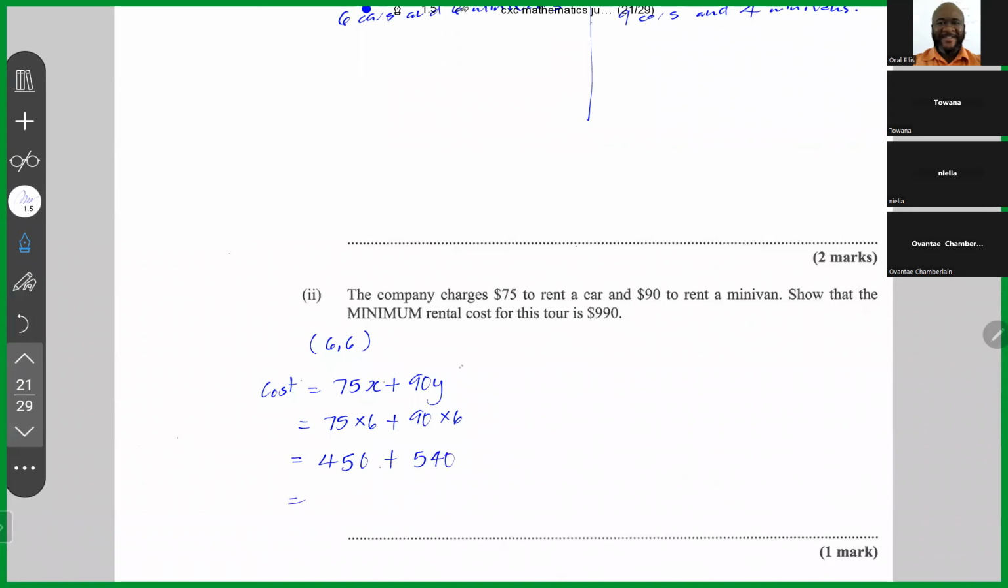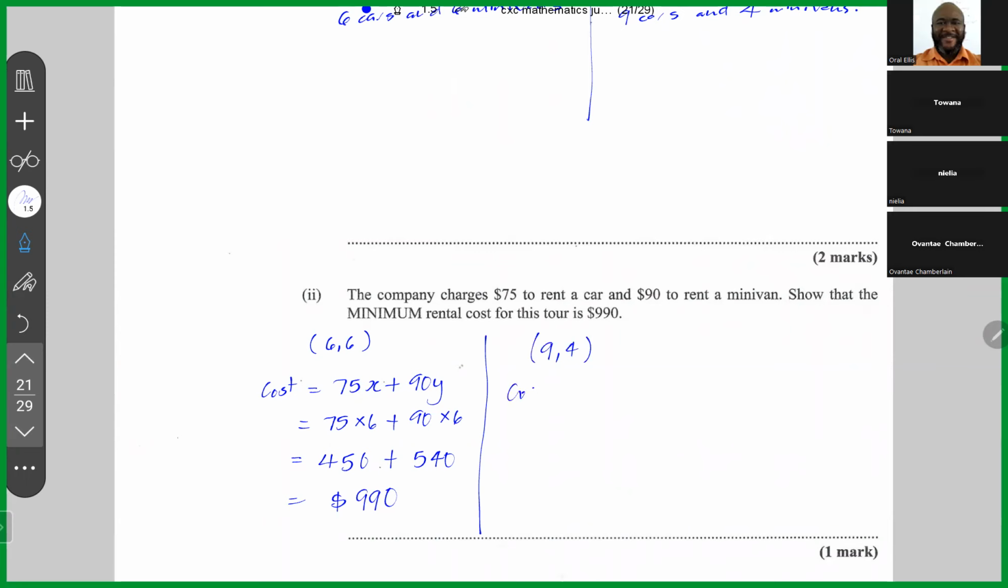So if they rent 6 cars and 6 minivans, they will spend $990.